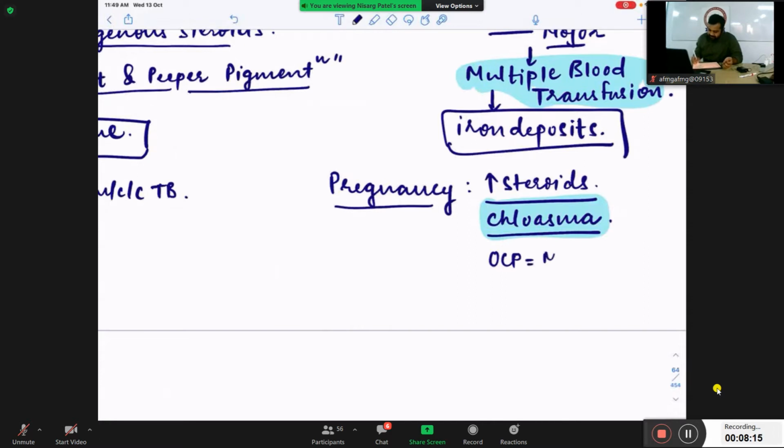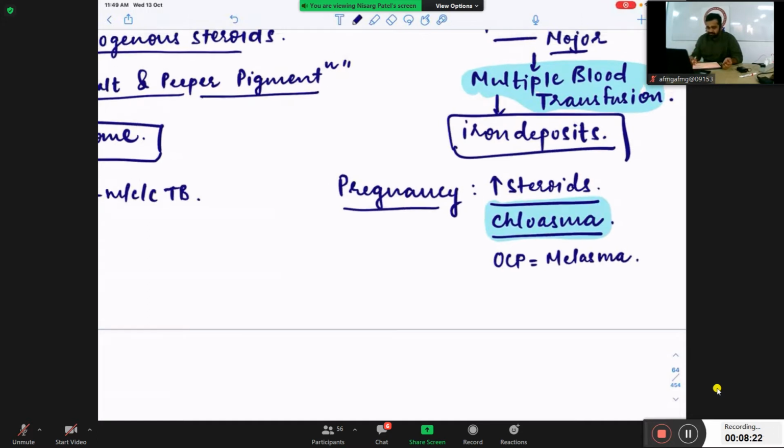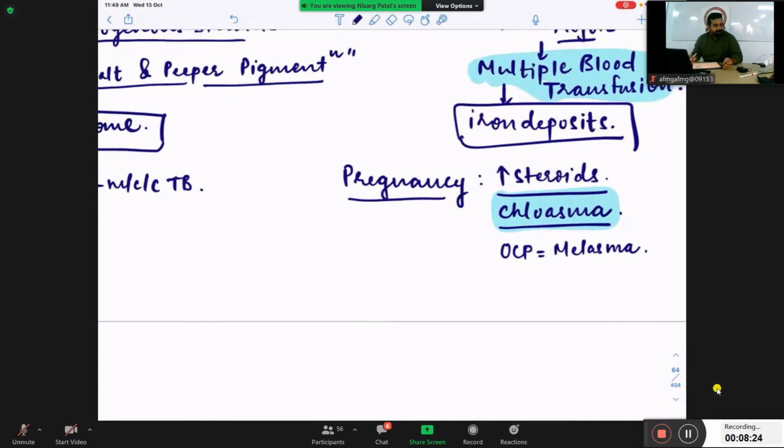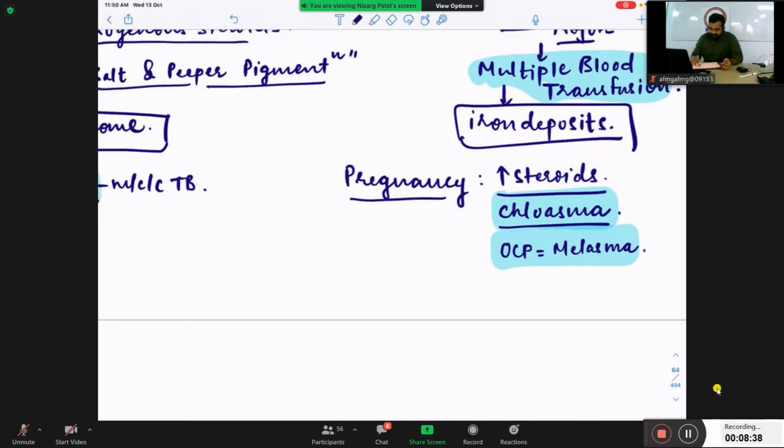What is this condition? It is known as melasma. So melasma and cloasma are the same disease, but in pregnancy a different name is given. It is cloasma, which is also known as the mask of pregnancy.